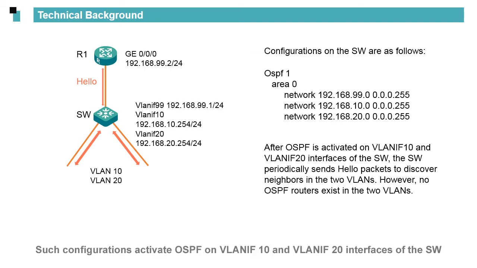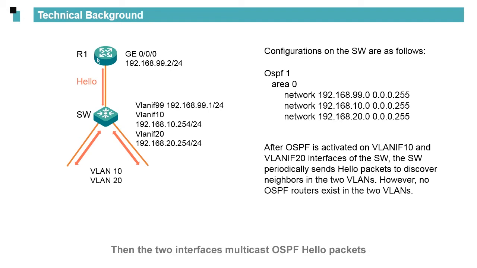Such configurations activate OSPF on VLAN IF 10 and VLAN IF 20 interfaces of the SW. Then the two interfaces multicast OSPF hello packets, attempting to discover routers running OSPF in the two VLANs.